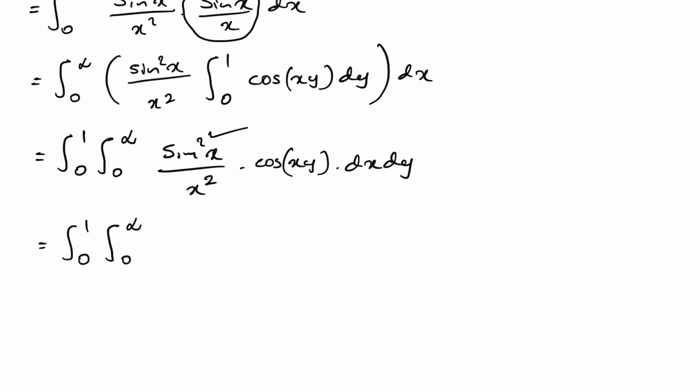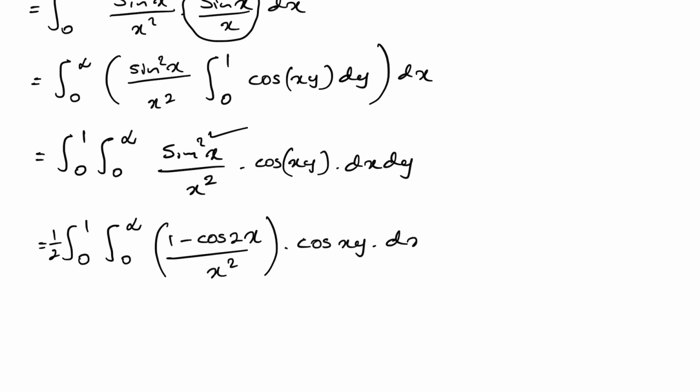Now instead of sine squared of x, we have the trigonometric formula (1 minus cosine of 2x) over 2. We know the constant, so we can write it outside of the integral sign. So here x squared, and then again cosine of xy dx dy.